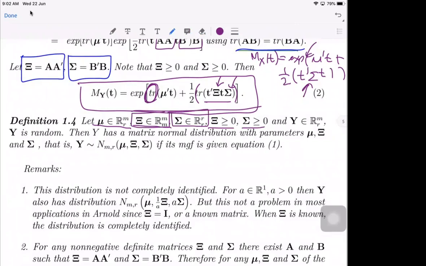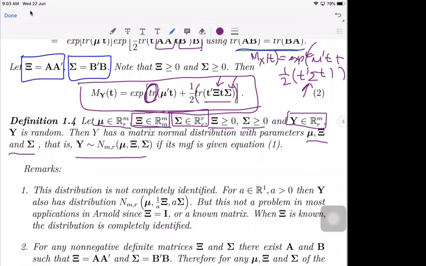It's a non-negative definite matrix. And this is the dimension of your y. Y is a random matrix. So y has a matrix normal distribution with these parameters. So this time we will have three parameters, mu, psi, and sigma. That is, we write it in this manner.